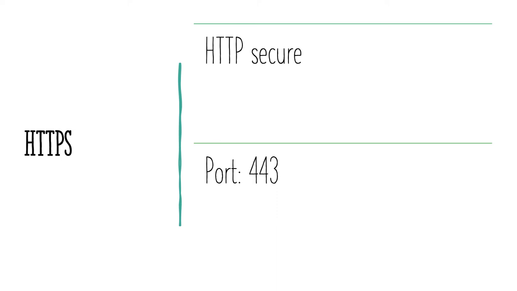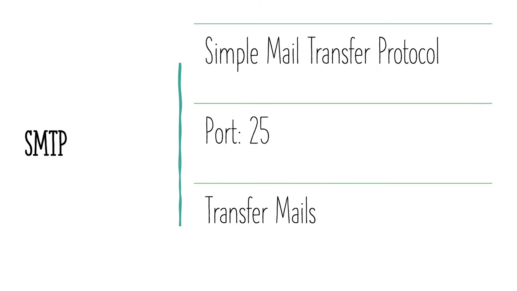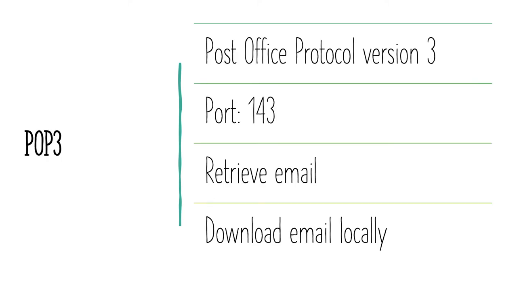Now, what ports and protocols do we use when we transfer mails or when servers exchange mails? The answer is SMTP, or Simple Mail Transfer Protocol, and it uses port 25. POP3, which stands for Post Office Protocol version 3, uses port 110 and it's used for retrieving emails.